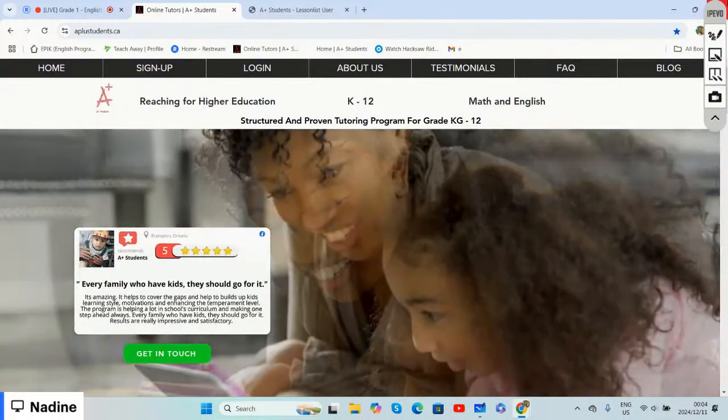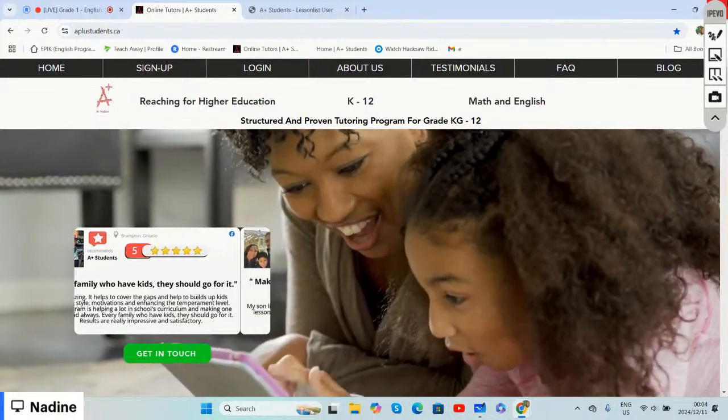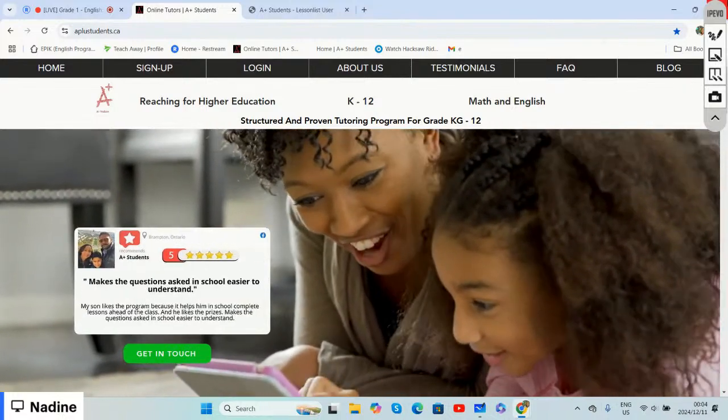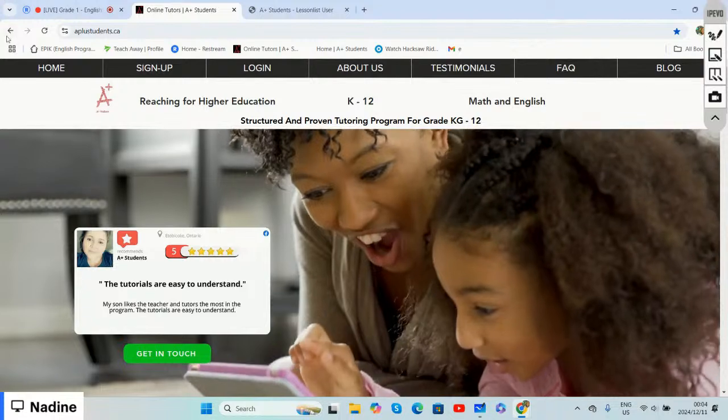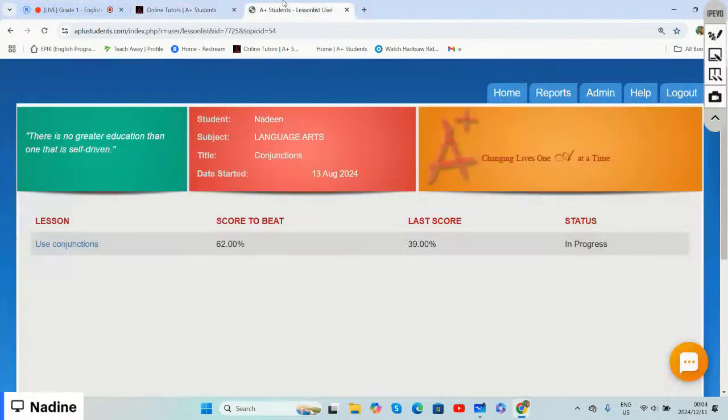We're doing grade one. Then we're going to scroll down until we get to our chapter of conjunctions.